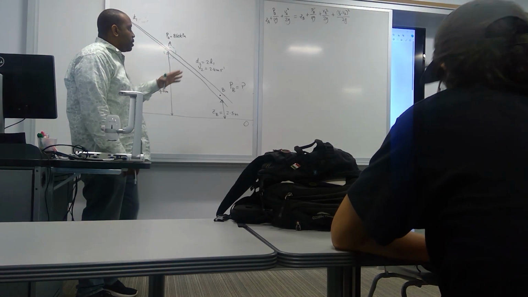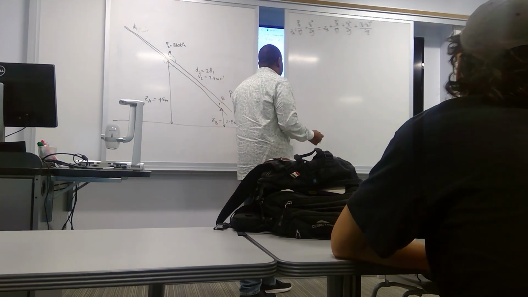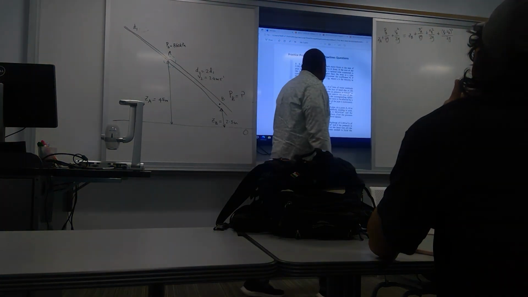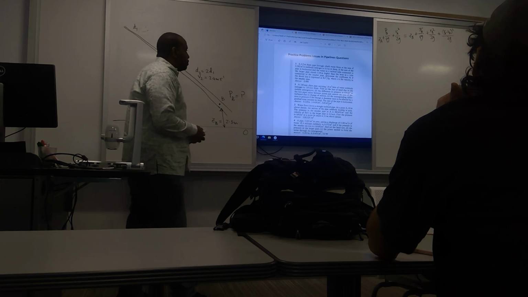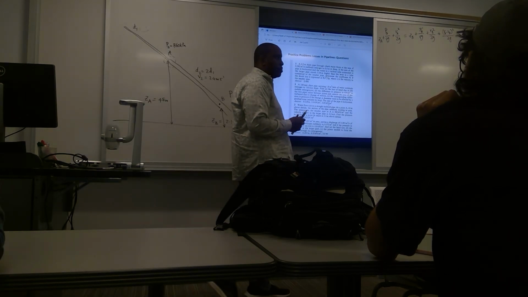We don't know what they are, and we need them in this equation. So how do we find that? Continuity. Did they tell us the flow rate? No, but you can write it in terms of velocity.